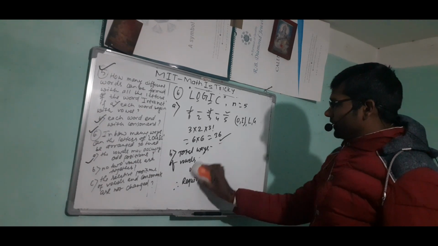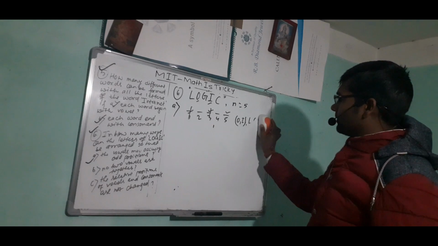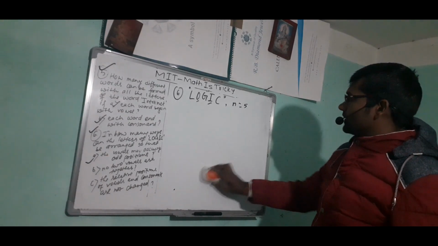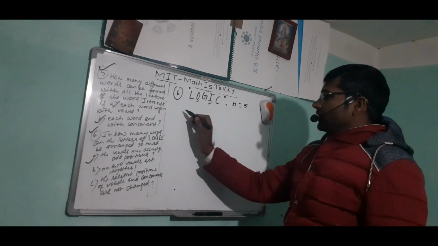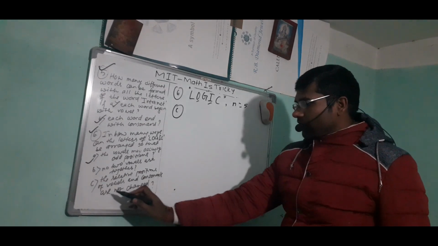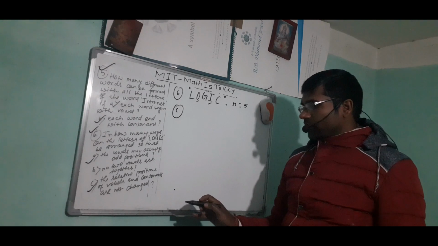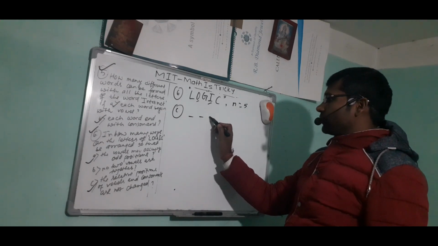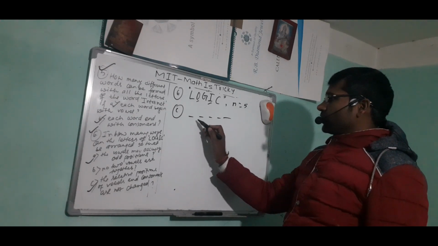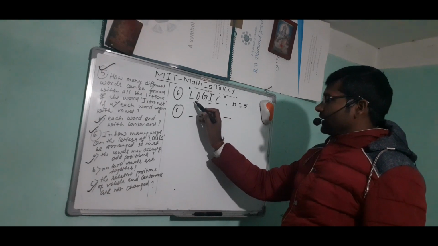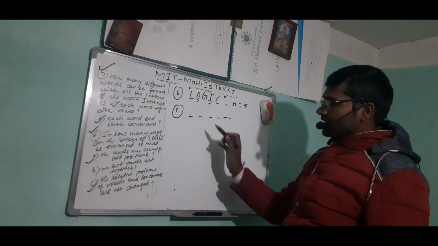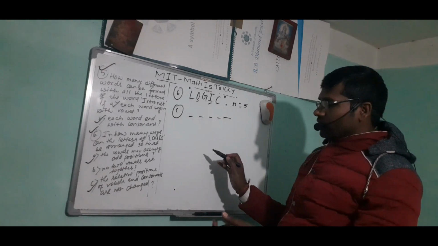For the third one, question number 6C. In this case, relative positions of vowels and consonants are not changed. It means here 1, 2, 3, 4, 5. The positions of consonants and vowels are the same, there is no change in position.